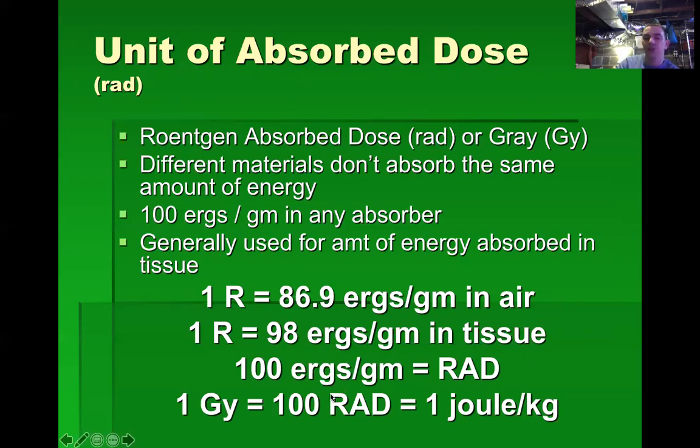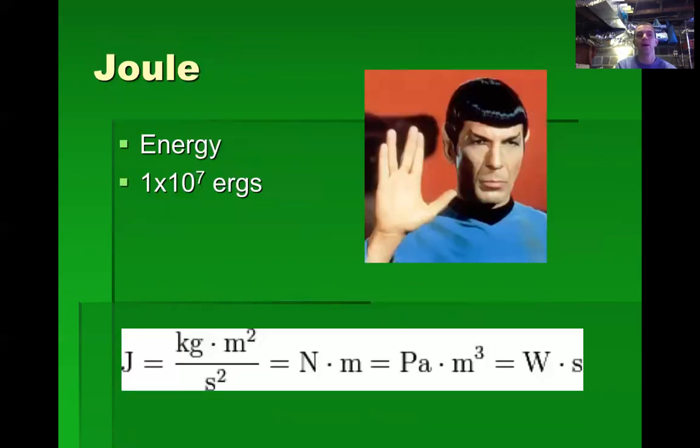And a gray is just 100 rad, so it's a larger unit. A gray is equal to 1 joule per kilogram, if we're going by pure SI units. Joule is just energy, and a joule is a large amount of energy.